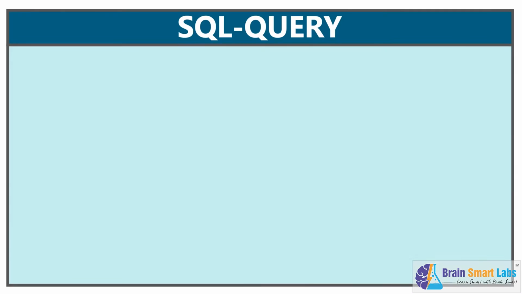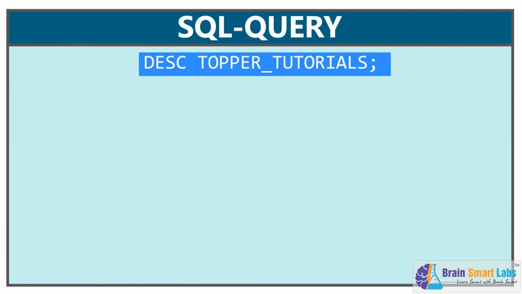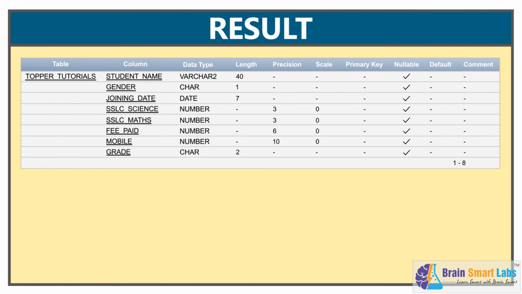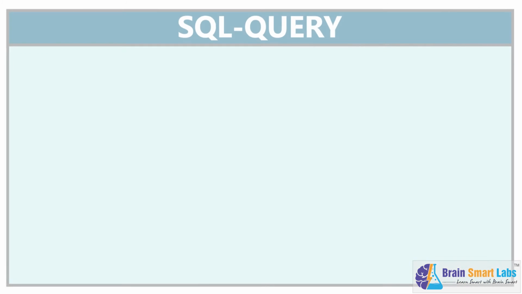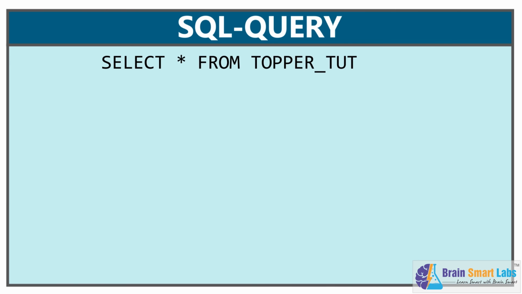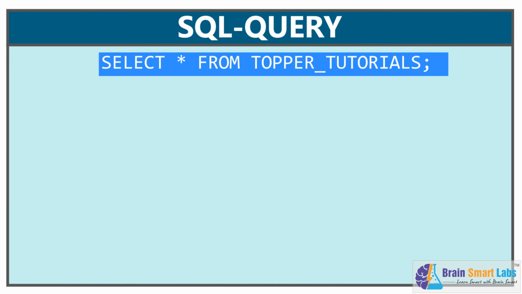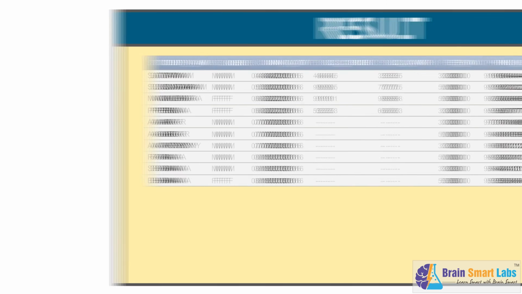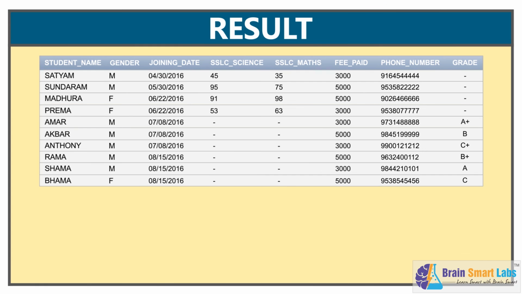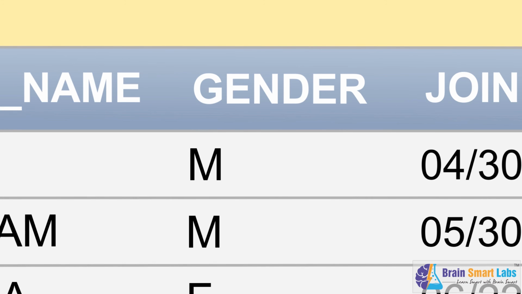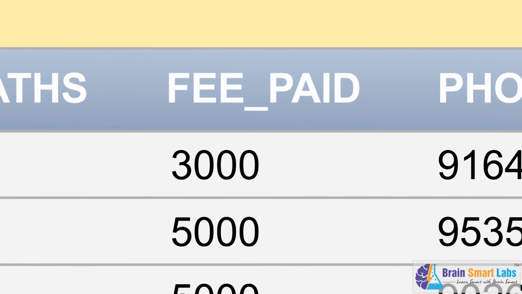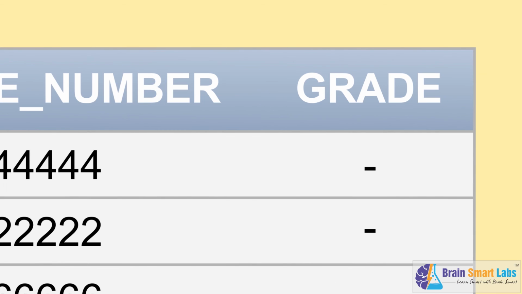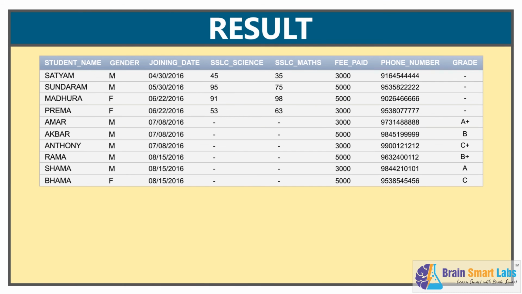Take a look. You see, out of all these columns, there is not even a single trace of serial number column, which means it has been completely erased from the database. Congratulations!